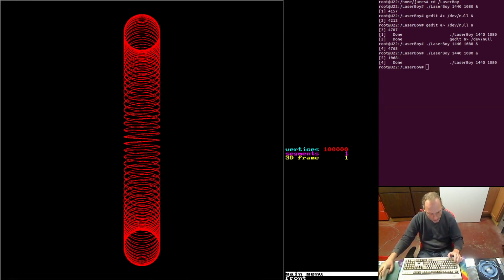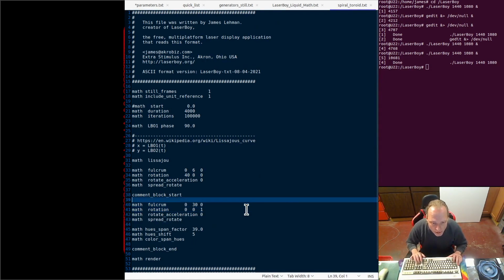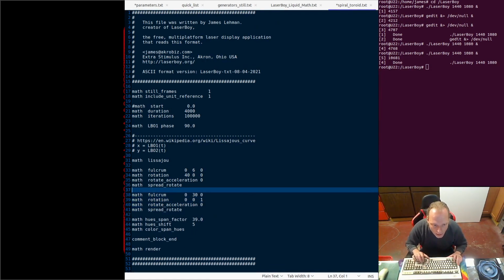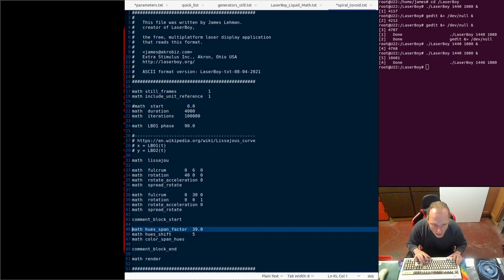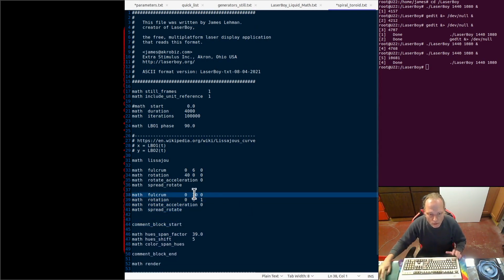So now what's the next thing that we're doing here in the code? We're going to set the fulcrum again, this time to 30 on the y-axis, which is quite a bit higher than this one even, but now we're 30 units away from the origin of space, okay?